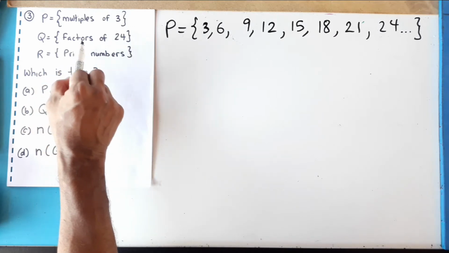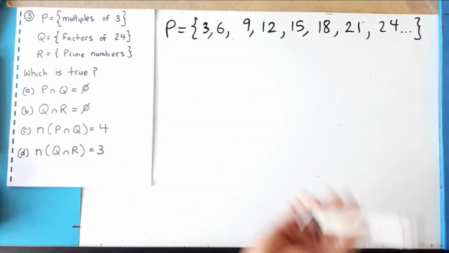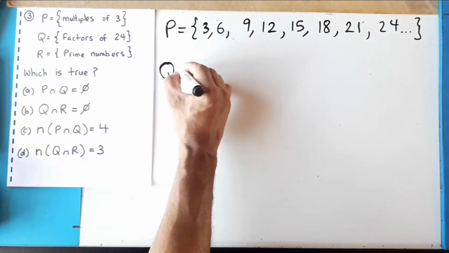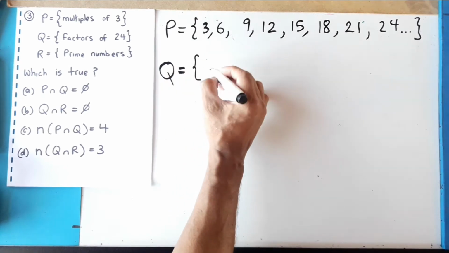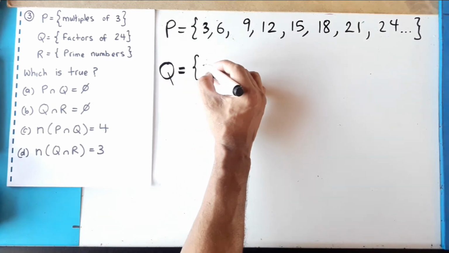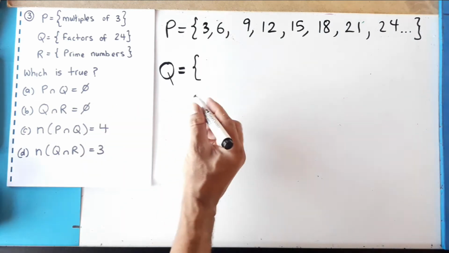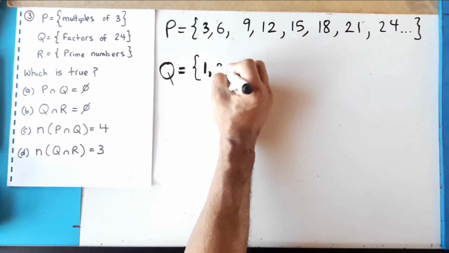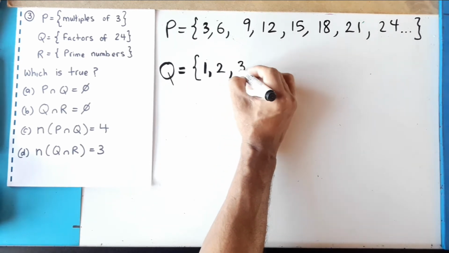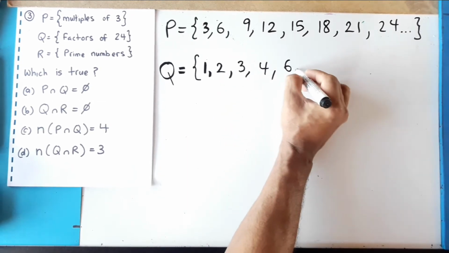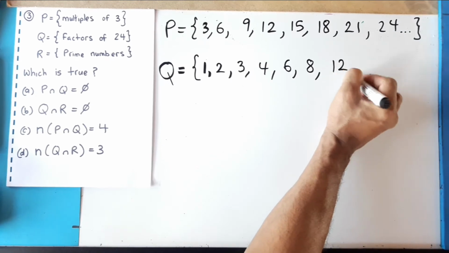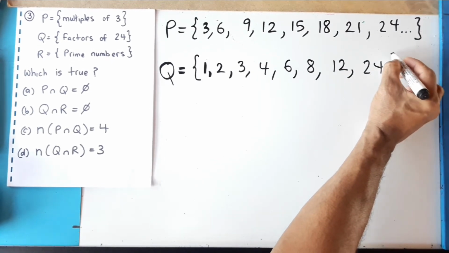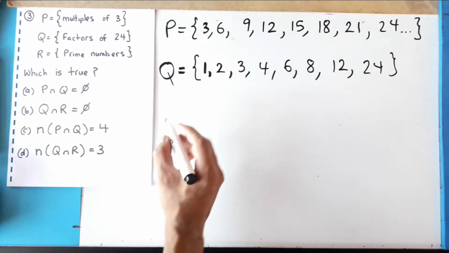And Q says factors of 24. So for Q, the biggest number would be 24. So what are some of the factors of 24? 1 is a factor. 2, 3, 4, 6, 8, 12, and well, 24 would also be a factor. What about the prime numbers?